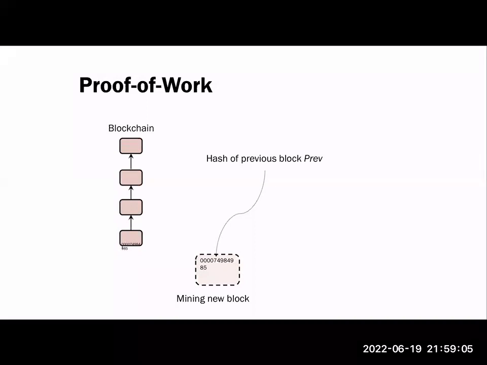In this example, it's only 0.0000749849888. It then has a bunch of transactions, Alice pays Bob 1 Bitcoin, Charlie pays David half a Bitcoin, which is just a bit string again. It puts them into the block and says, okay, I want to add these transactions onto the blockchain.